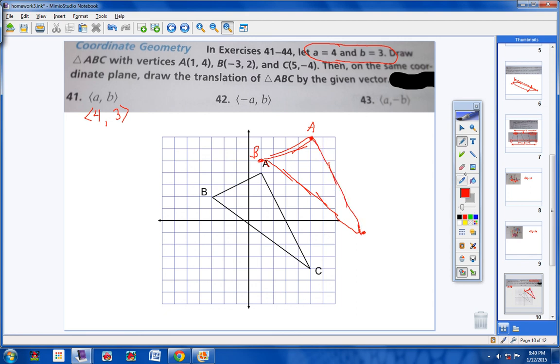Alright, let's go ahead and try number 43. Now here, notice on 43, they have a negative sign in front of B. So when I put 4 in for A, I have 4. When I put 3 in for B, that's a negative 3.